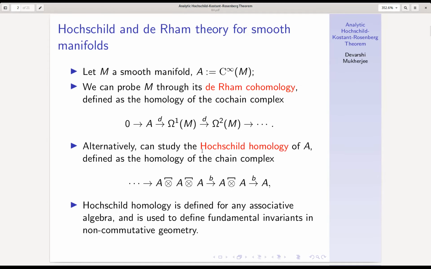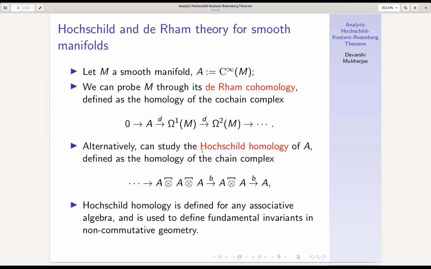Let me start with what I know as the usual Hochschild–Kostant–Rosenberg theorem. There are two sides to this story. You have some geometric object that you want to study, say a smooth manifold or its algebra of smooth functions. The two sides are the Hochschild side and the de Rham side.